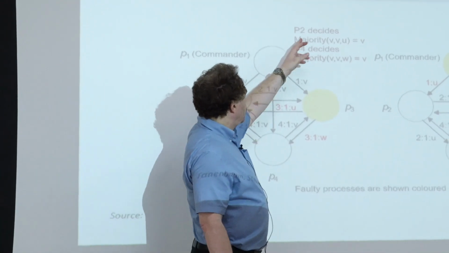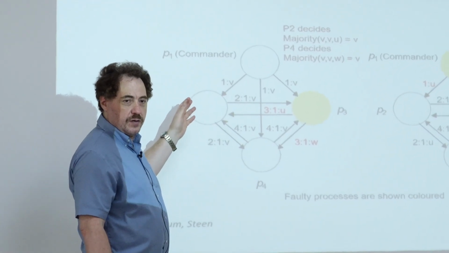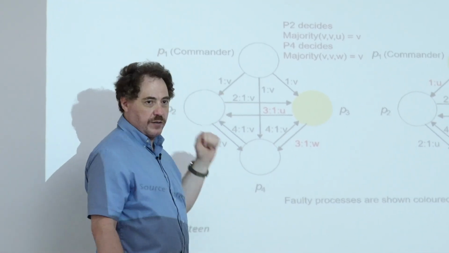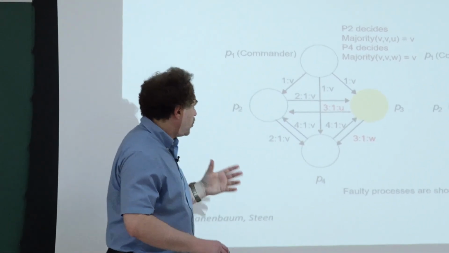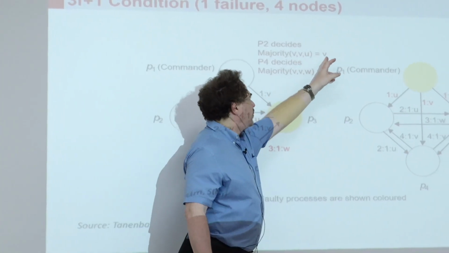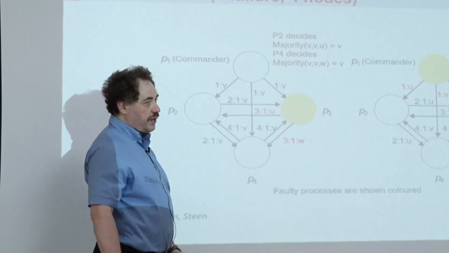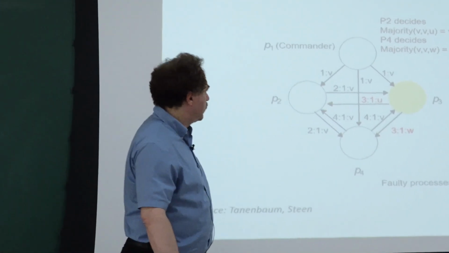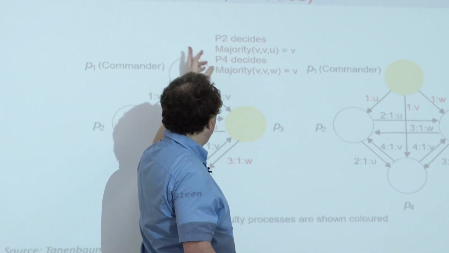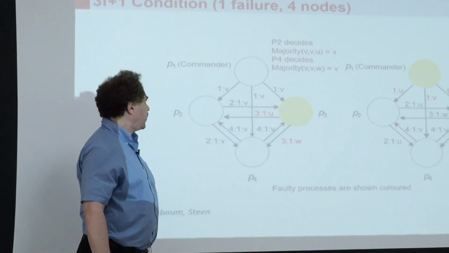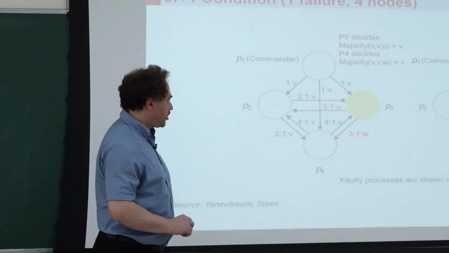Well, the answer is yes, because each node could look at the majority of the messages it's getting, and the majority would all say V. So the fact that there is one U here would not matter; the majority of V, V, U is still V. So P2 can, based on majority, decide that the value should be V. Now P4 would do the same. So P2 and P4, the honest lieutenants, would reach the same conclusion, and the consensus is achieved.